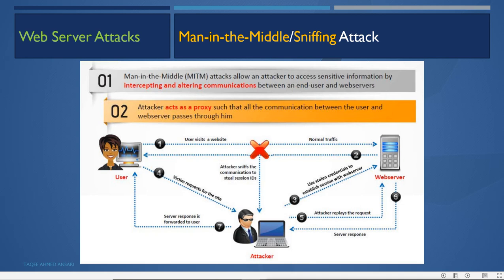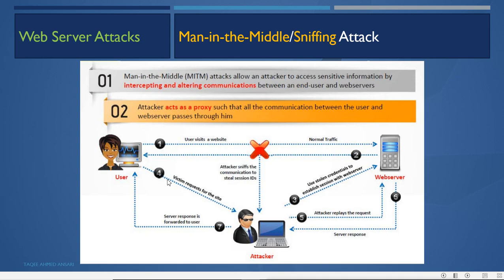So the attacker acts as a proxy such that all the communication between the user and the web server passes through him. So all the requests, all the responses will pass through the attacker, and what will that attacker do? It will see the request and it will try to alter this also. So when the victim visits the website, normal traffic is going like this and like this.